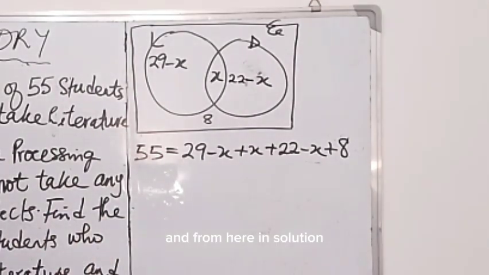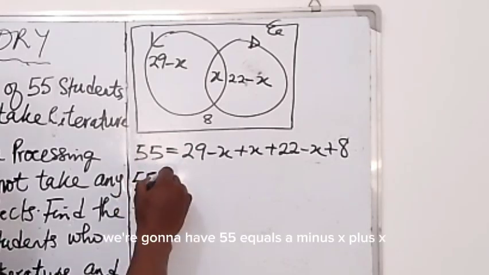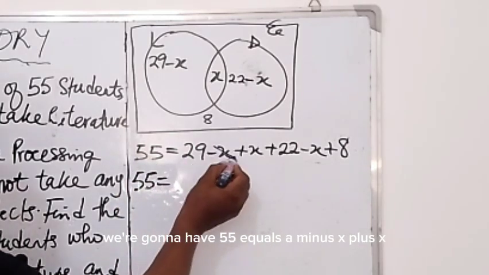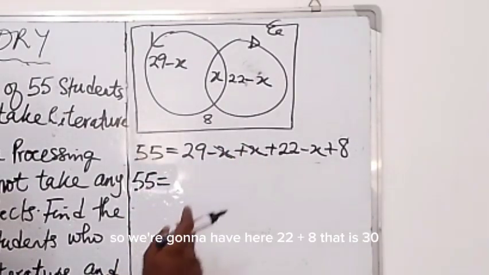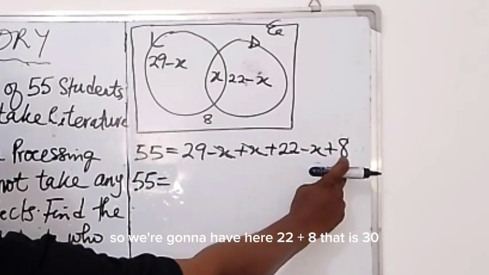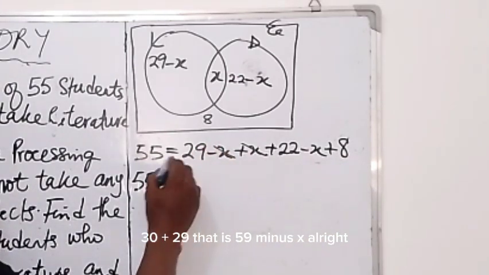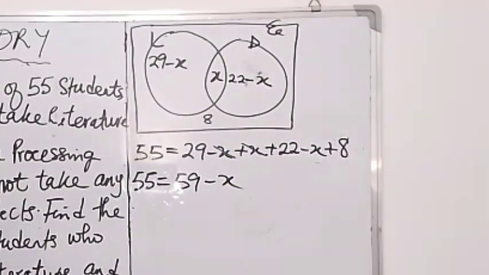And from here in solution, we're going to have 55 equals minus x plus x. That side is gone. So we're going to have here 22 plus 8, that is 30. 30 plus 29, that is 59 minus x. All right, collect like terms.